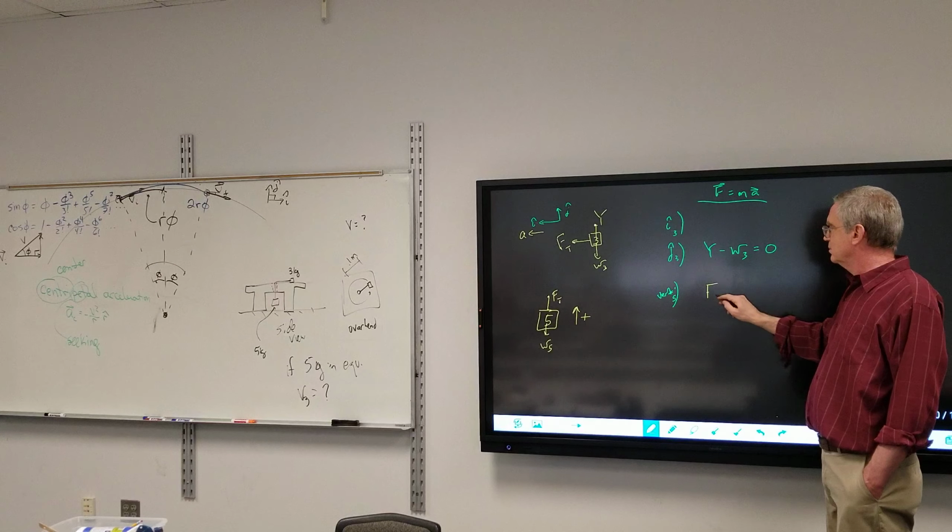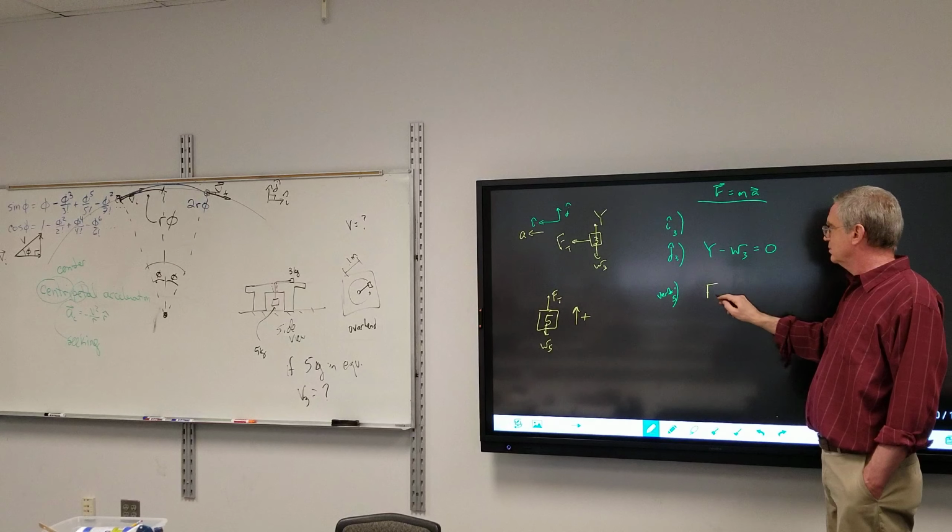Now, substitution. For what do we have an independent formula? The weight, which I know is mg, and the acceleration, which we just figured out is v squared over r.